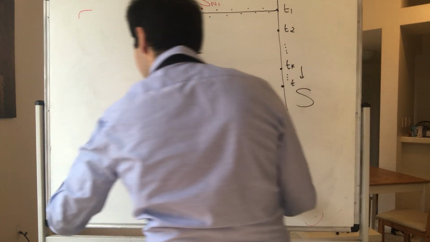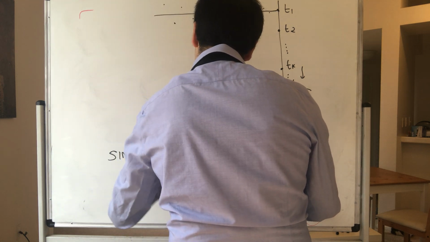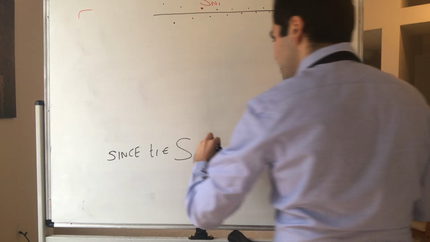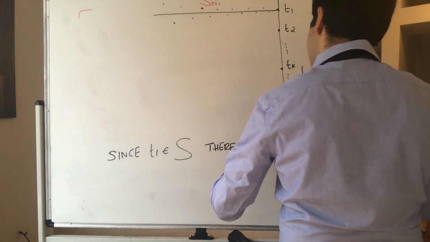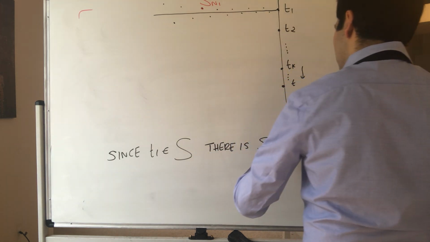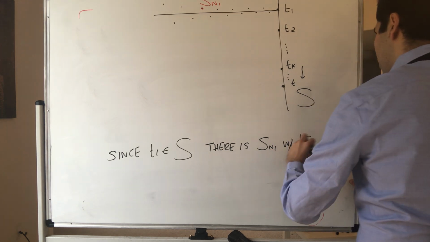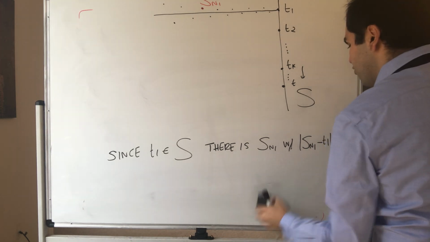So again, since T1 is a limit point, there's a subsequence converging to T1. So in particular, there is Sn1 with |Sn1 - T1| at most 1.